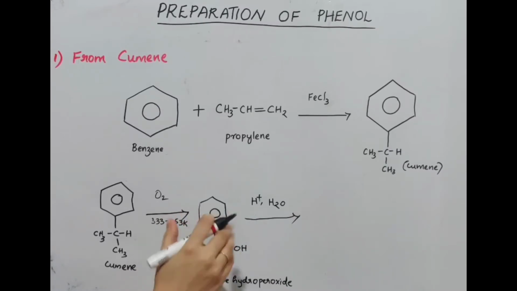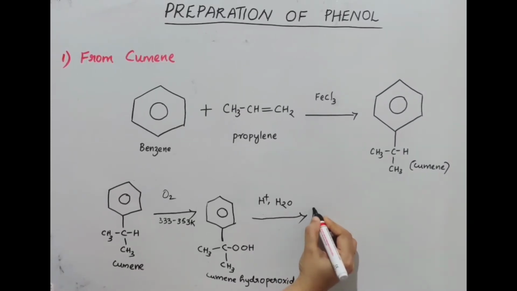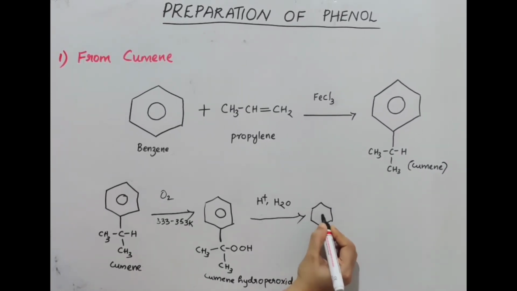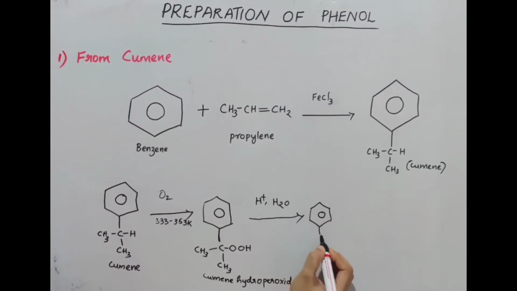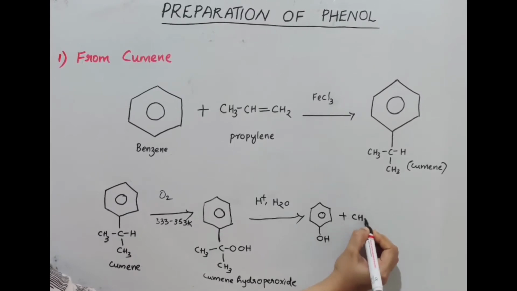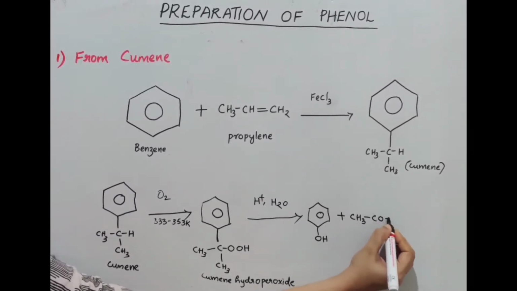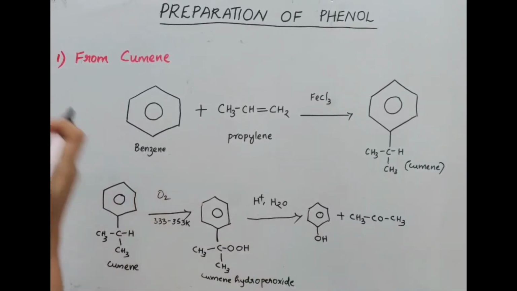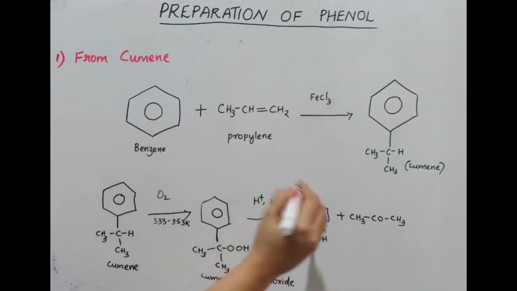Treating this cumene hydroperoxide with aqueous acid, we get phenol, and the more important byproduct, acetone. It is phenol and acetone.